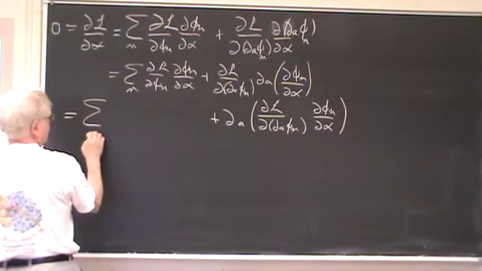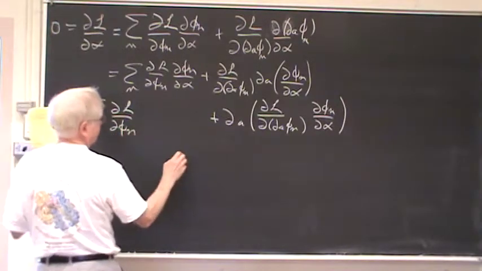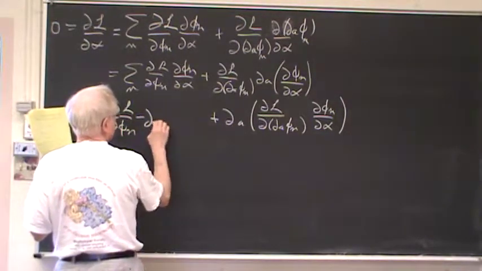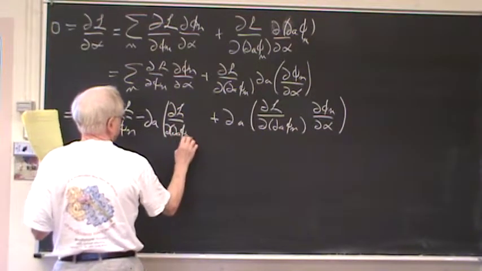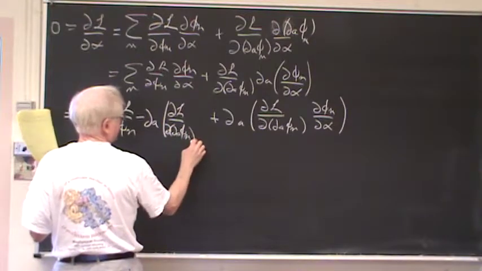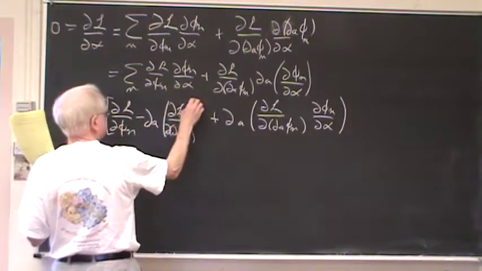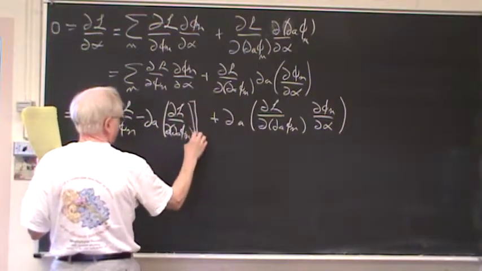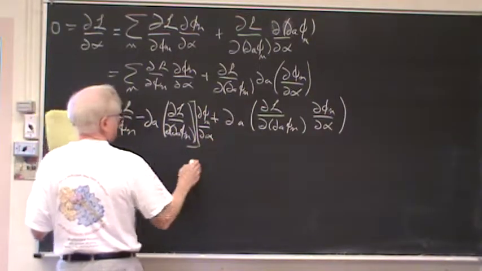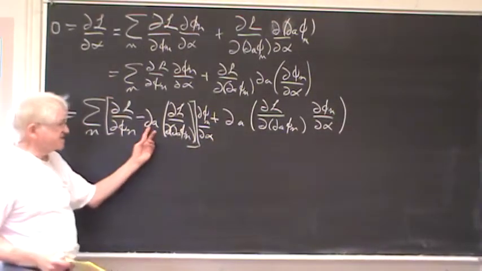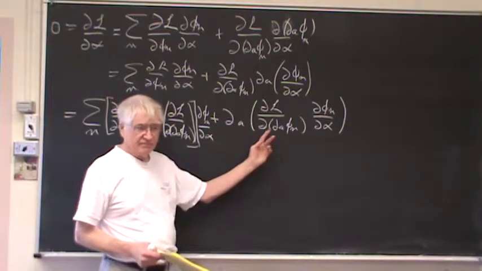So what we have here then is a sum, partial L, partial phi n, minus partial A, partial L, partial dA phi n, and all of this times partial phi n, partial alpha. Okay, so in other words, this term just cancels the derivative when it acts on the first term. Okay?